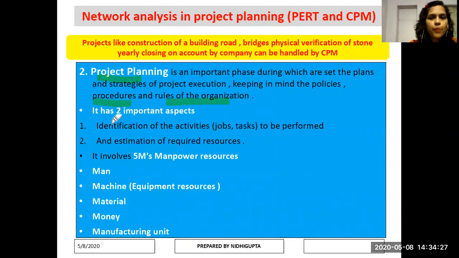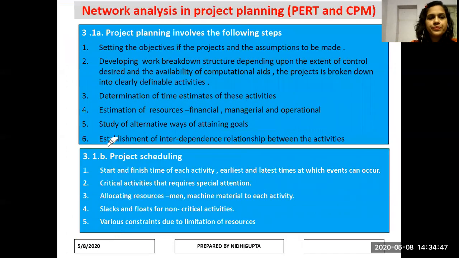It has two important aspects: identification of the activities, jobs, and tasks to be performed, and estimation of the required resources. It involves 5M: manpower, man, machine, material, money, and manufacturing unit.